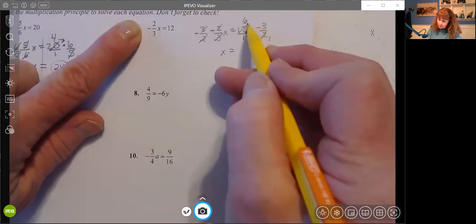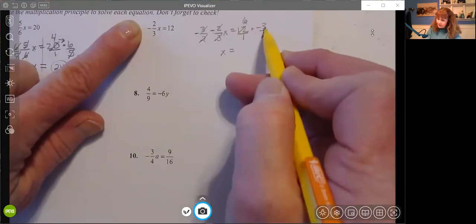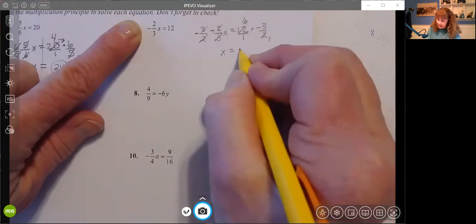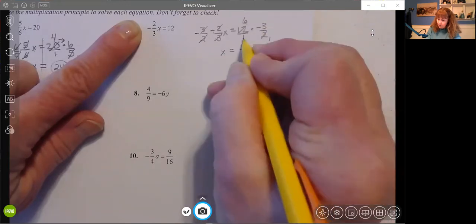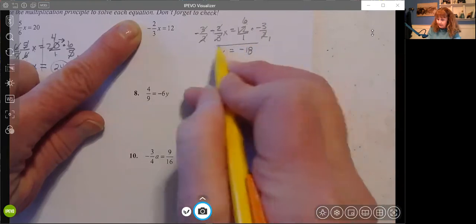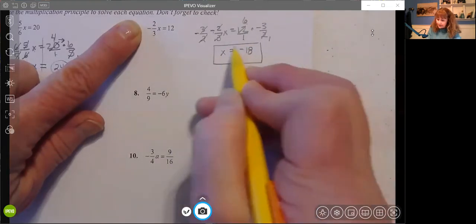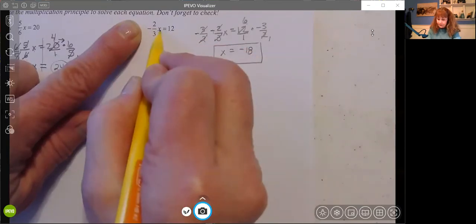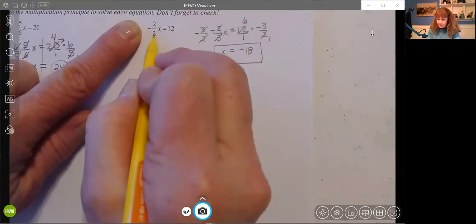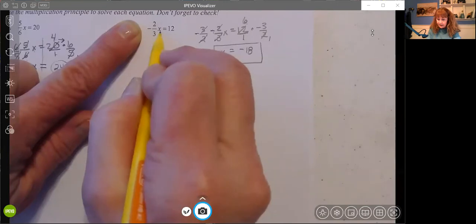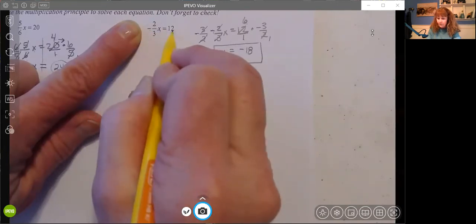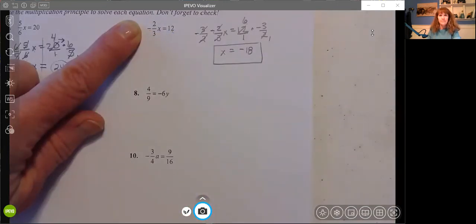Then you multiply across. 6 times a negative 3 is a negative 18 over 1, which is just a negative 18. If you were to put the negative 18 into here, negative 2/3 times a negative 18, a negative times a negative will give you a positive 12 when you multiply those together.